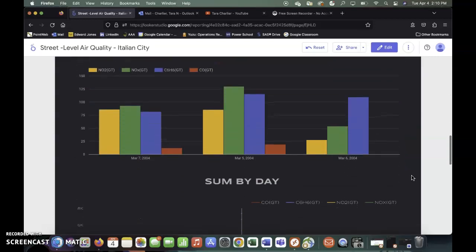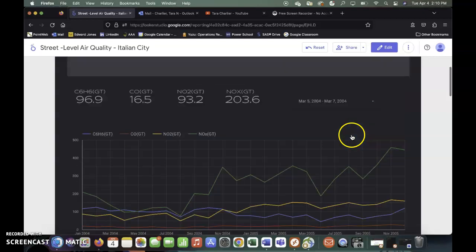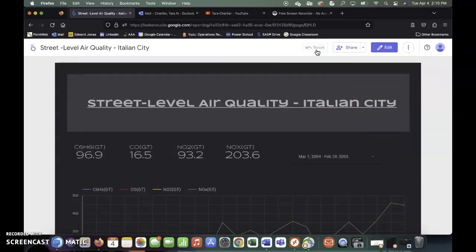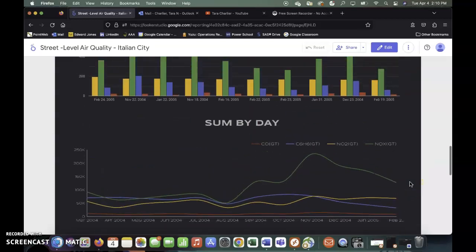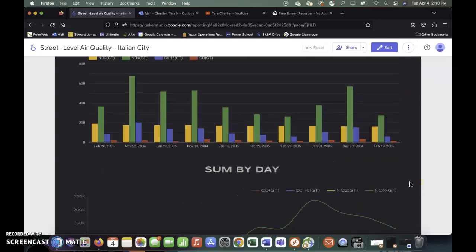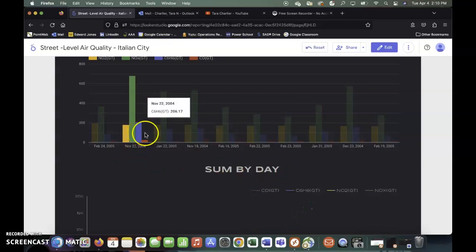So I do think it is interesting how you could find out on a particular day, particular week, a month, how things were looking.